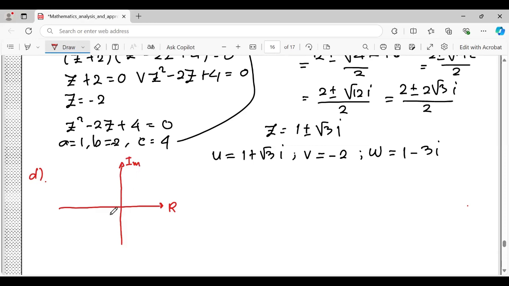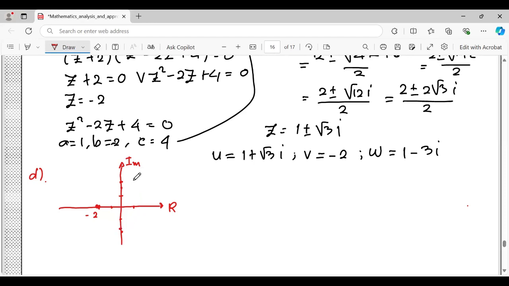So firstly we're gonna find minus 2 on real, minus 1, minus 2 around here, minus 2, and then 1 on real here, and plus square root 3 on the imaginary axis, around here, minus square root 3 around here.